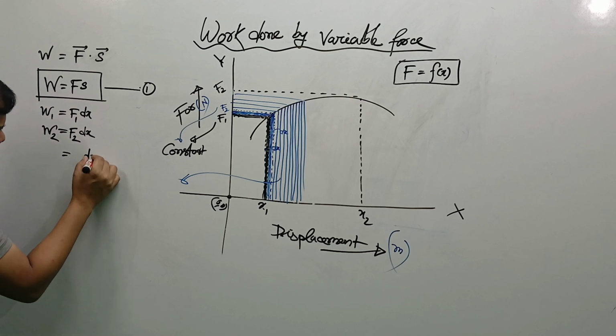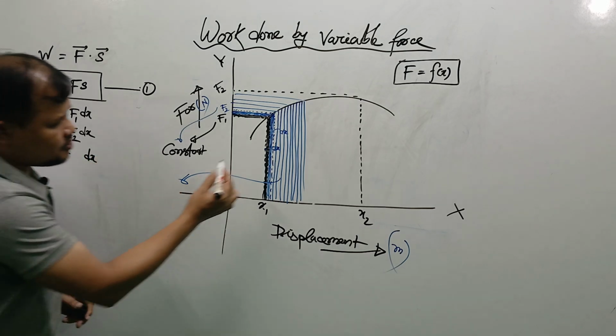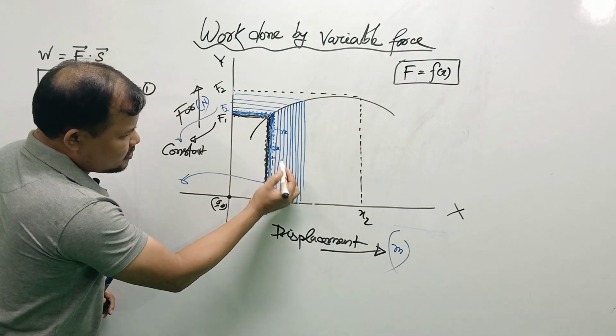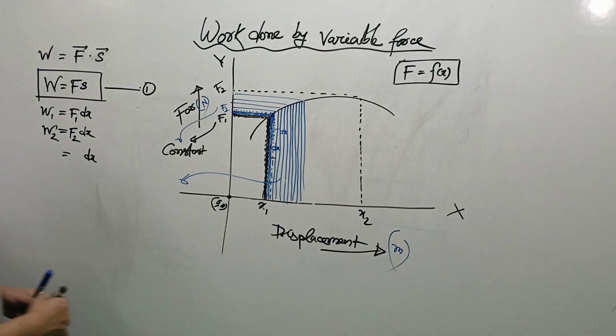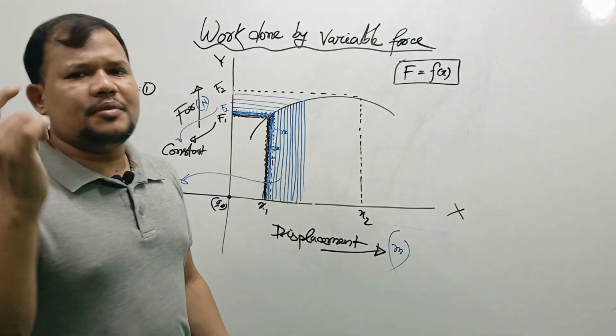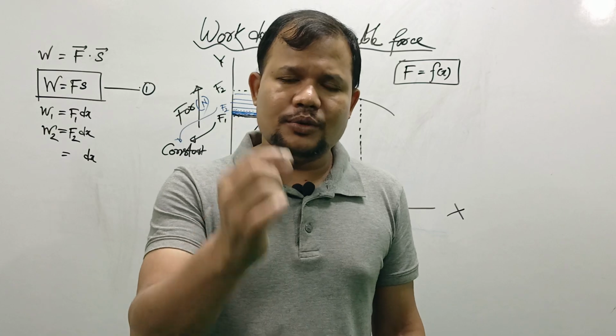For the third very small displacement dx, suppose this is the first, this is the second and this is the third, all the displacements are the same. We divide x1 to x2 into many small parts, and every small part has the same width.